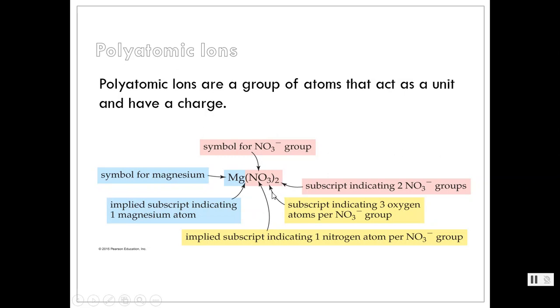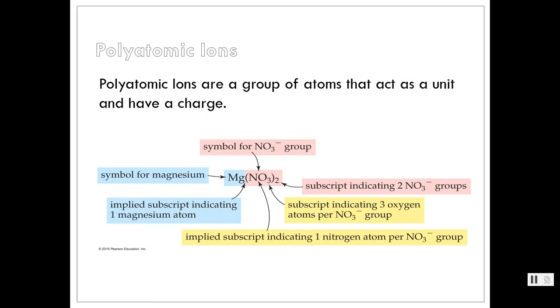That 2 goes to everything that's within the parentheses. If I wanted to know how many nitrogen atoms were in this species, well, that N is inside the parentheses, so that 2 has to go inside. So there are 2 nitrogens, and if I asked for how many oxygens, you would say 3 times 2, or 6.